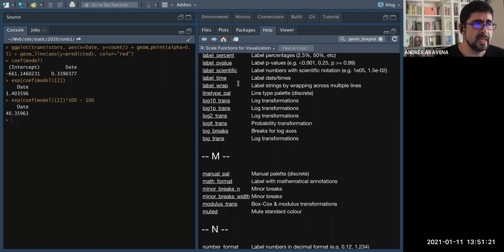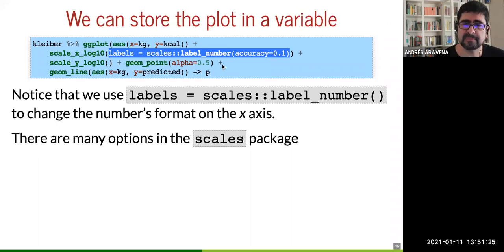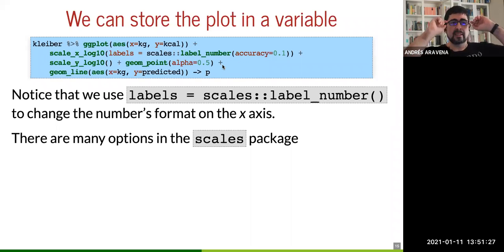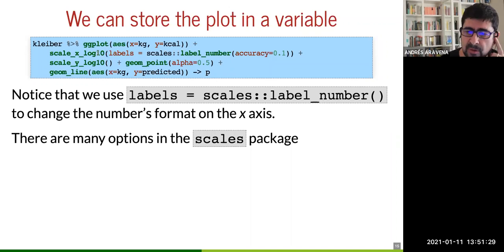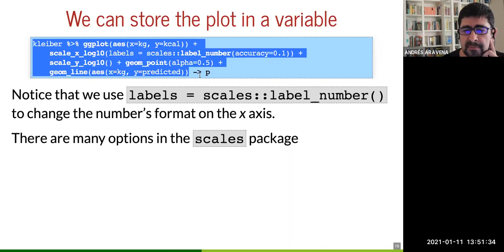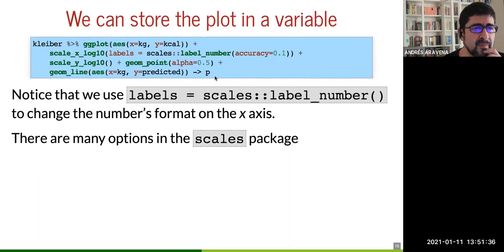Now, there is something else that some of you may have noticed that I did here. At the last minute, I stored the plot in a variable. That is something that we cannot do with the traditional plot. ggplot makes a graphic, and you can store that graphic in a variable that you can call later and modify later.